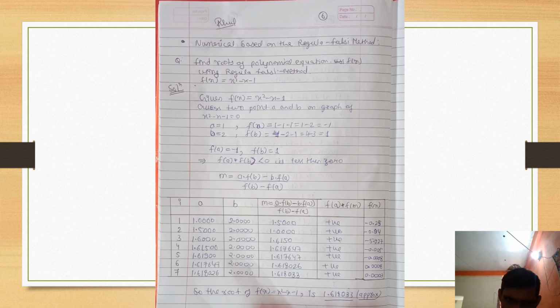So we again change the value of a and put the value of m, 1.61500, but the value of b is not changed. Again the product of f of a into f of m is positive, so the value of a is changed to m.